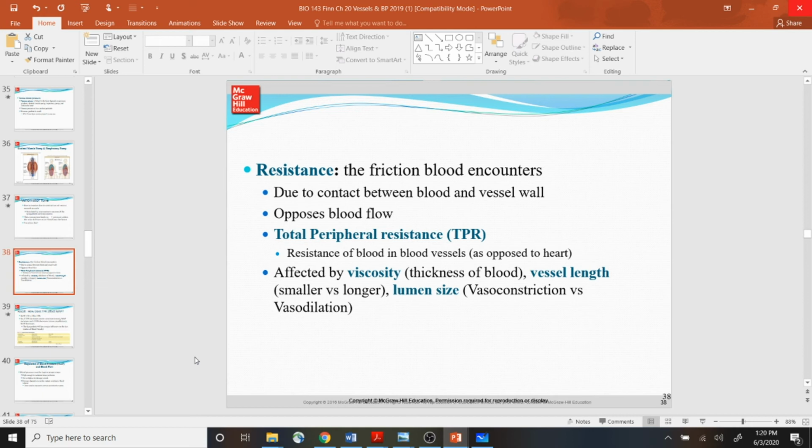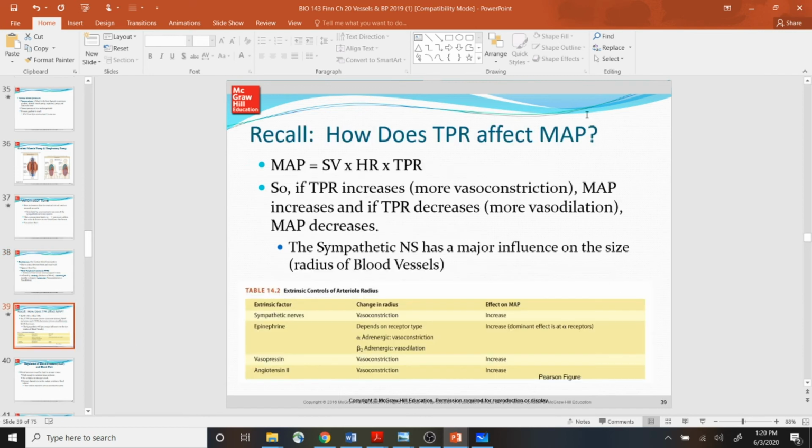And we can't really change blood vessel length. It's not going to suddenly go from a small blood vessel to a longer blood vessel, but we do have smaller blood vessels and longer blood vessels already built in our body, and that can affect resistance. We mostly are going to focus on vasoconstriction and vasodilation, which we just talked about. So you can review that slide.